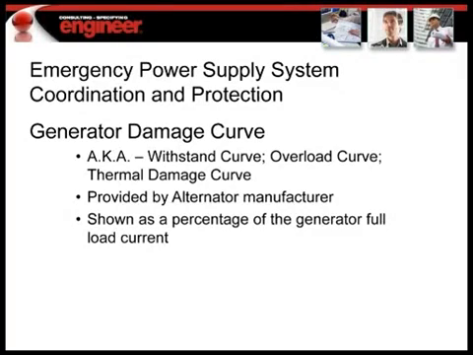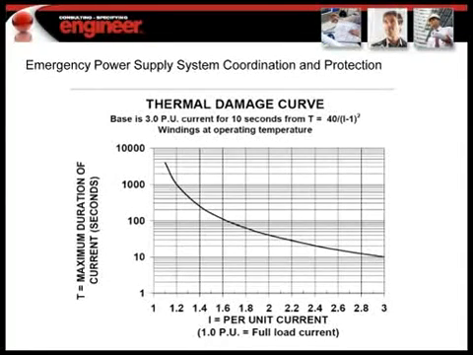Typically this is shown as a percentage or a per unit value of the generator full load current. This is an example of a thermal damage curve from one of the major manufacturers for alternators. As you can see at the bottom, it's talking about 1, 1.2, 1.4. That would be times the full load current, so it's pretty straightforward math.